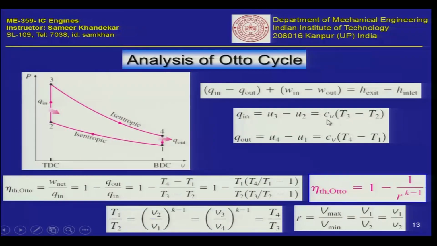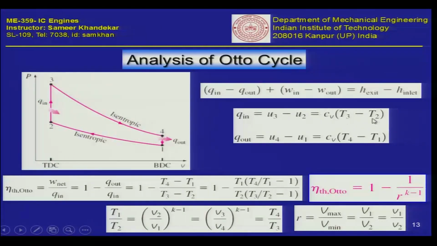So, the specific heat at constant volume multiplied by T3 minus T2, because we are assuming an ideal gas, and the change in internal energy can be directly related to the definition of Cv, which is del U by del T at constant volume.